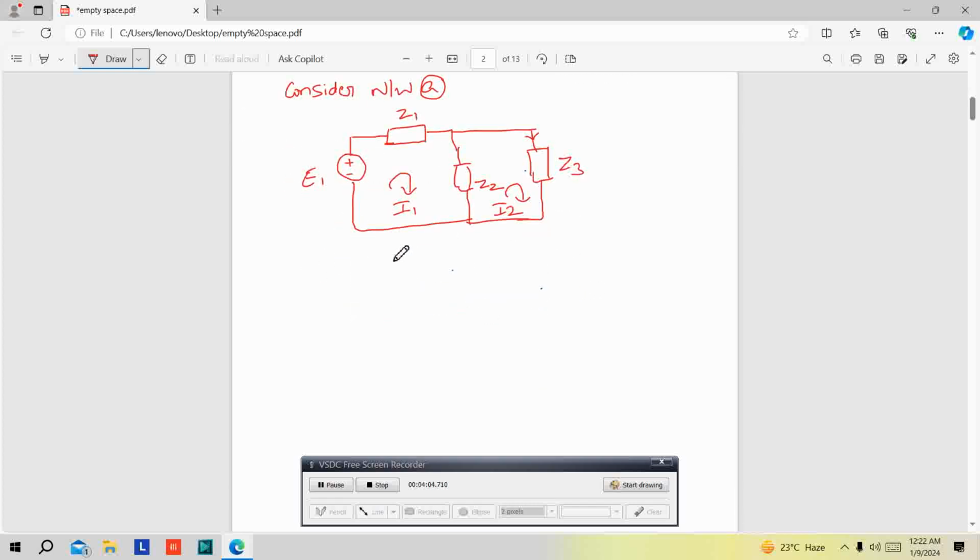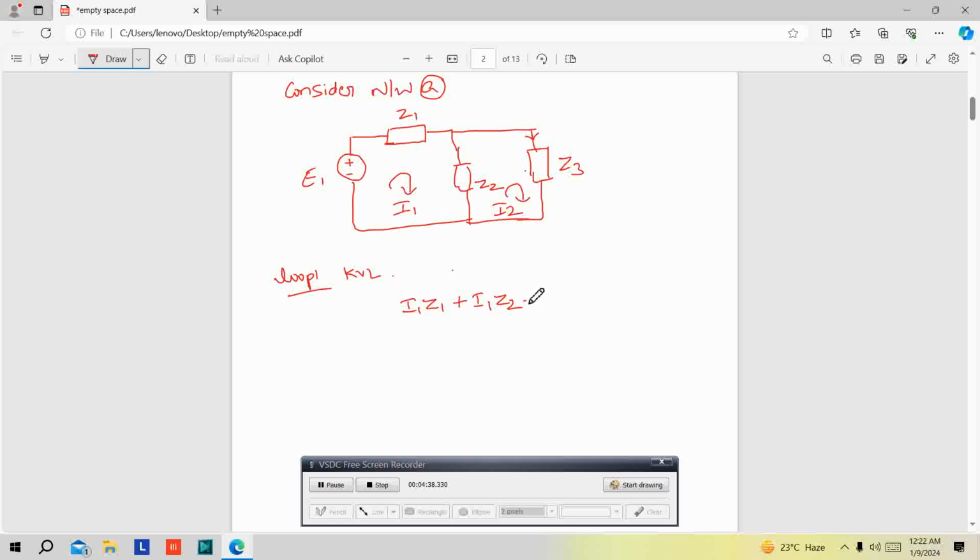First I am going to write the loop equations. Loop 1, it's very simple. I1 is passing. I'm going to apply KVL here. So I1 Z1 plus I1 Z2, because two currents pass through Z2: one is I1 in this direction and I2 is in the opposite direction.